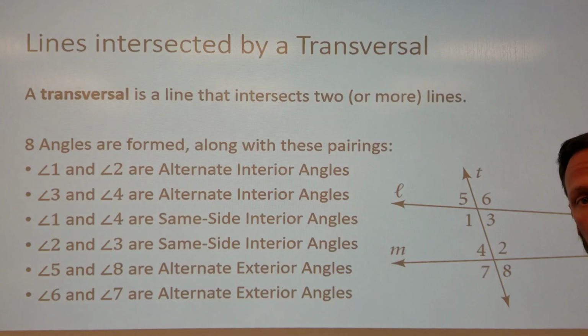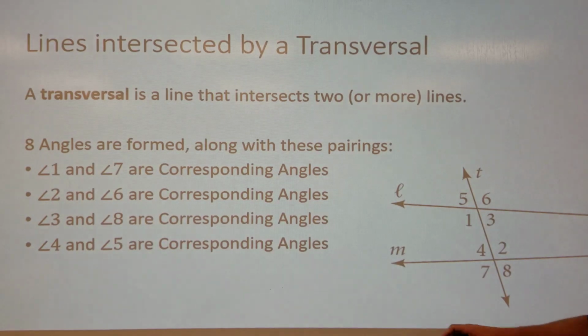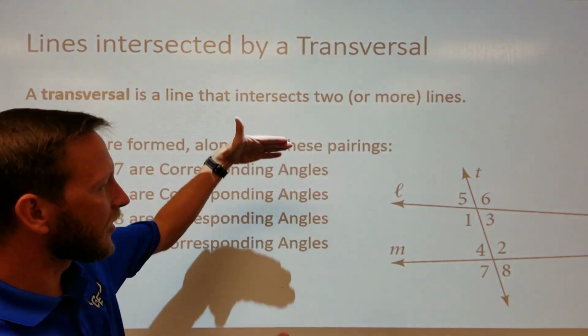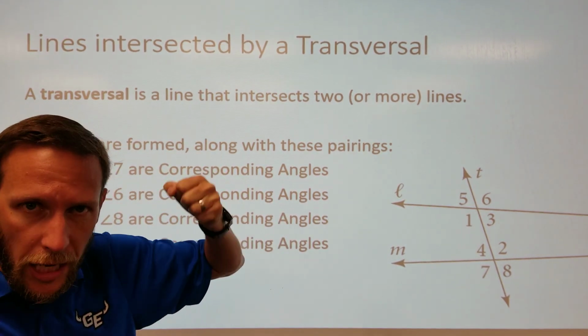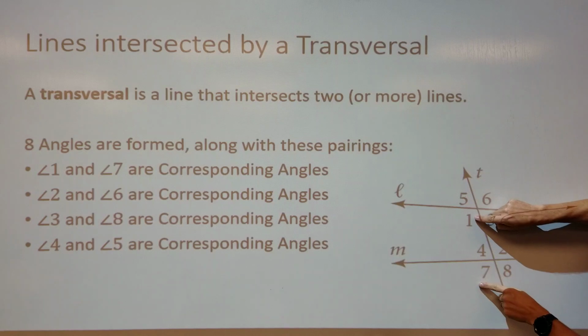We also have another special pair of angles that are referred to as corresponding angles. Now this one is a little more difficult to visualize, especially when these lines L and M are not parallel to each other, but hopefully the location here matters. I say that 1 and 7 are in corresponding locations.